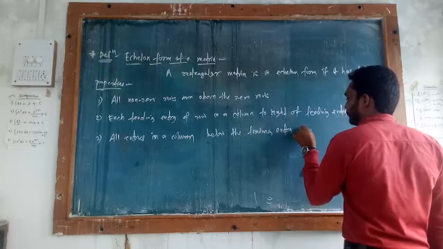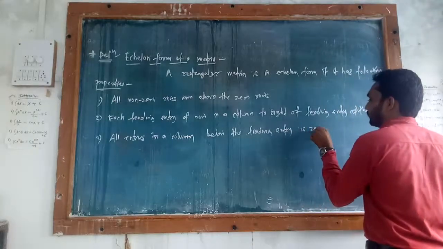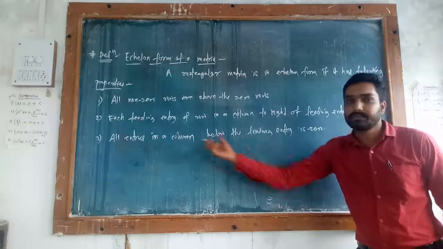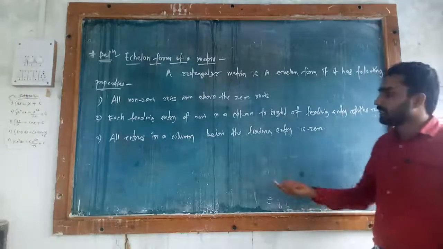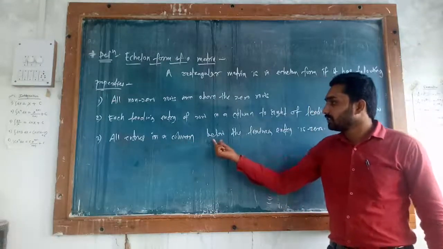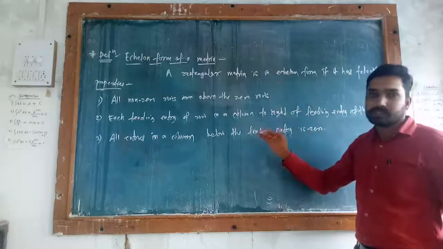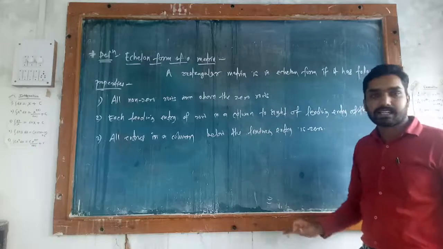Okay. What is your third property? If you have a matrix, then in a column, all entries below the leading entry are zero. That means in the column, the elements below the leading entry are zero.